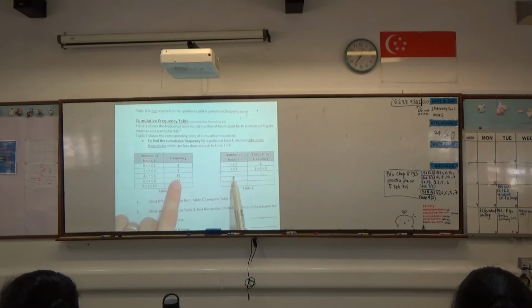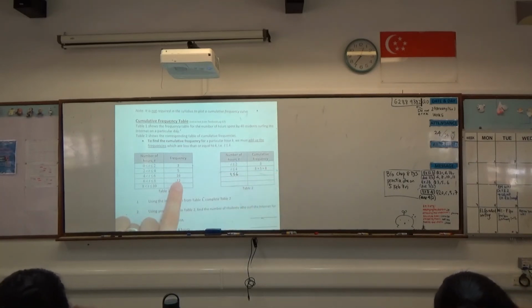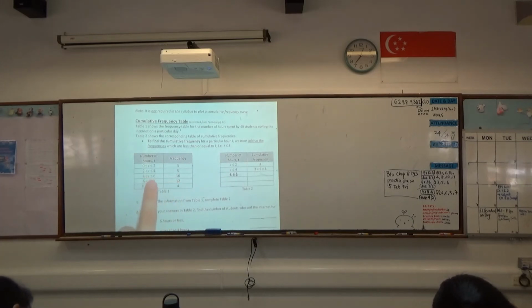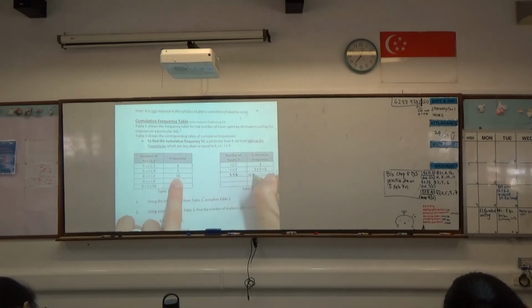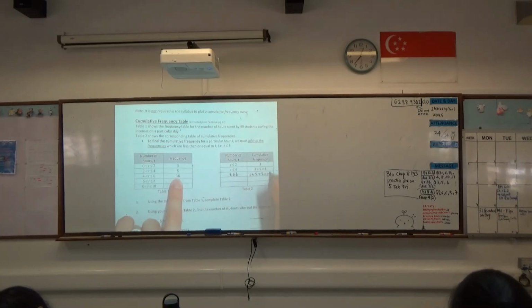Next one, we want t less than or equals to 6, and that will be reading from the frequency table. We have 16 plus 5 plus 3, which will be equals to 24. Alternatively, you can also think of it as 16 plus 8.